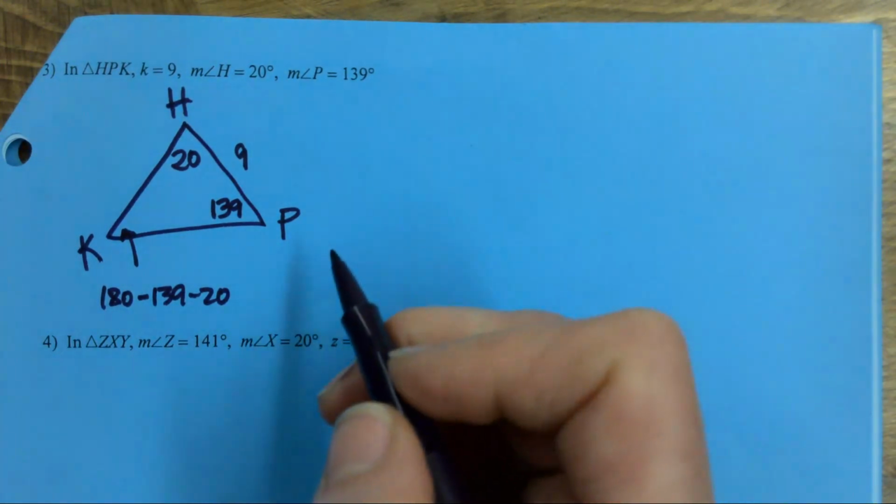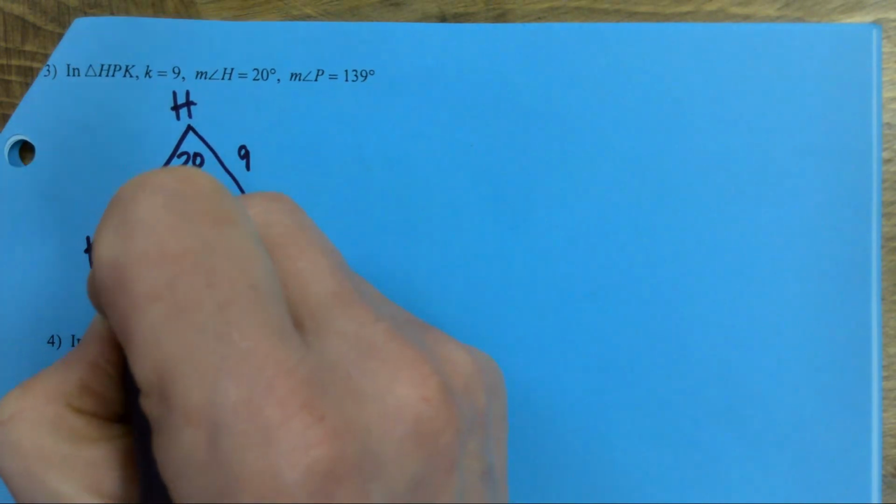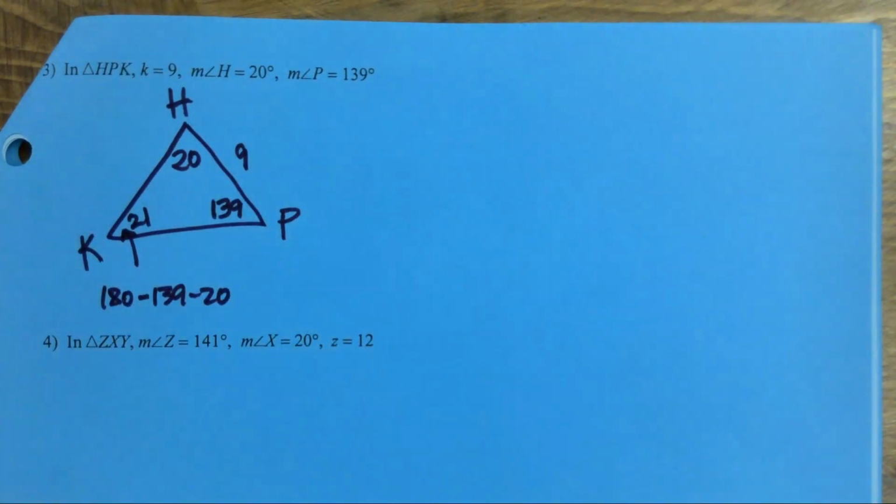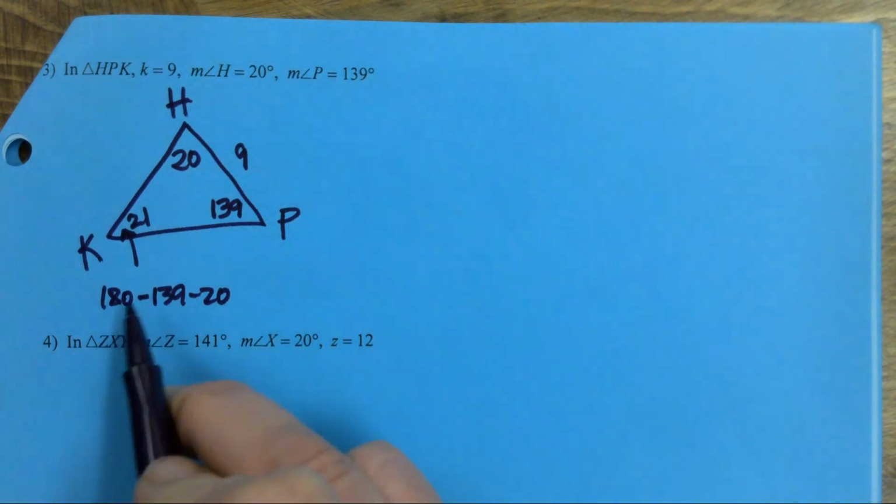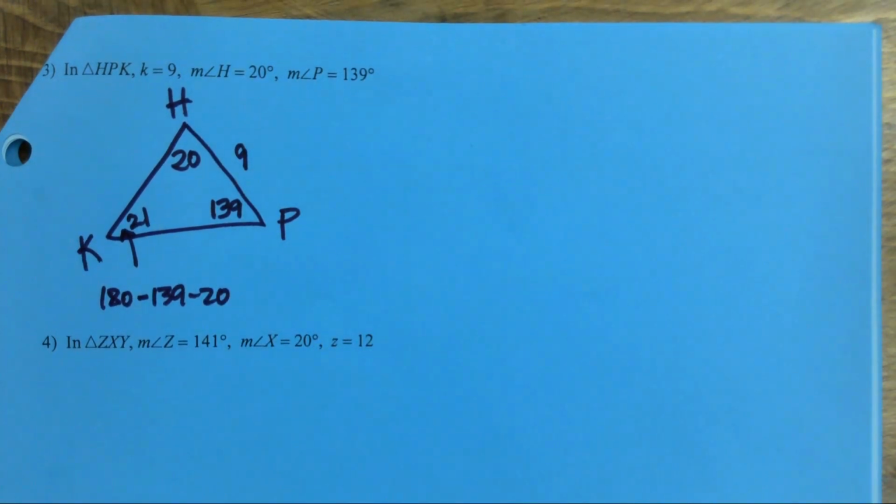Is that 21? So 21 is my missing angle. And then when I do my setup, make sure that the side and the angle that are opposite each other are the furthest apart in the equation. Just like the law of cosines where you had to have it furthest apart, same thing goes on here.